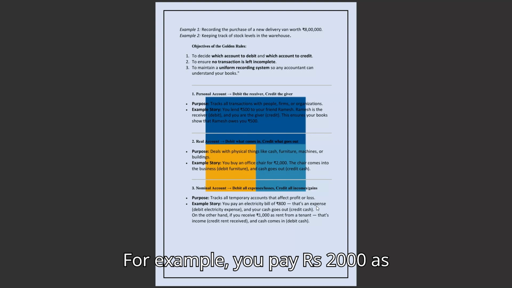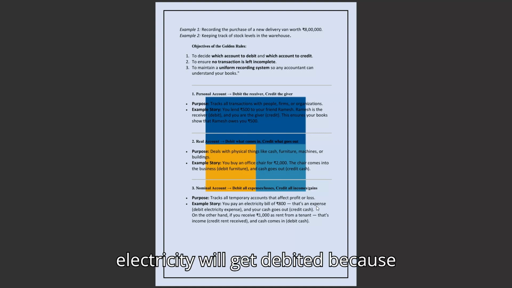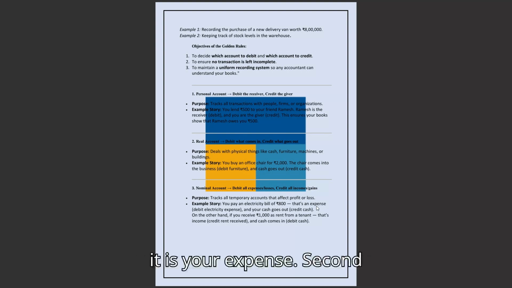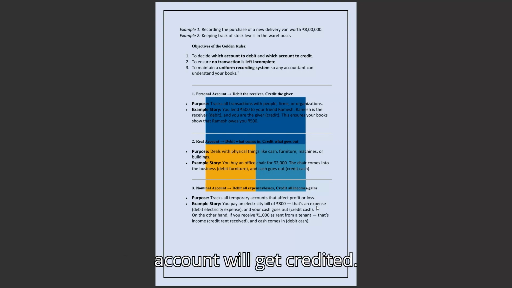For example, you pay rupees 2000 as your electricity bill, which is your expense. So, in this case, the electricity account will get debited because it is your expense. Second example, you receive rupees 1500 as commission, which is your income. So, here the commission account will get credited.